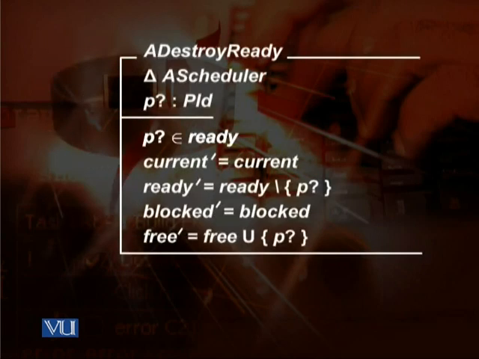If we destroy a process in the ready set, in this particular case this P has to be a member of the ready set. Then the only two things that change are the ready set, so this process has been taken out from the ready set, and the free set, in which we have given this process ID back.